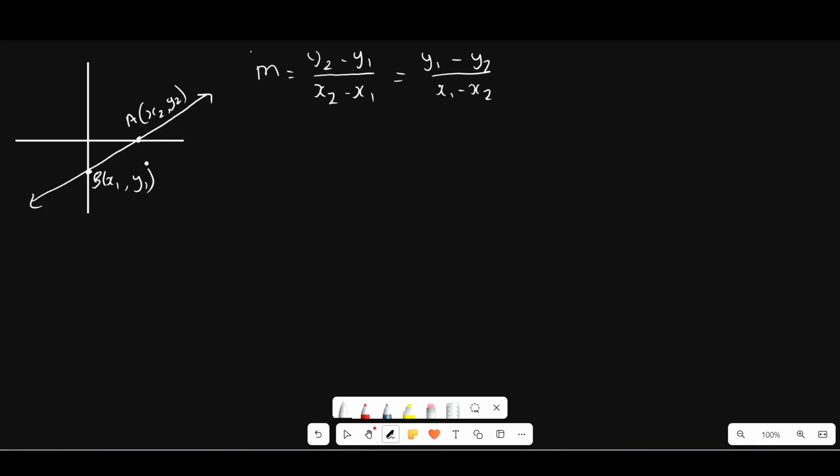Of course, they will be given, and then we know that the straight line function is given as y is equal to mx plus c, where the m is known as the gradient, and c is my y-intercept. To calculate the y-intercept, you will use point A or point B, and substitute the y value there and the x value there.